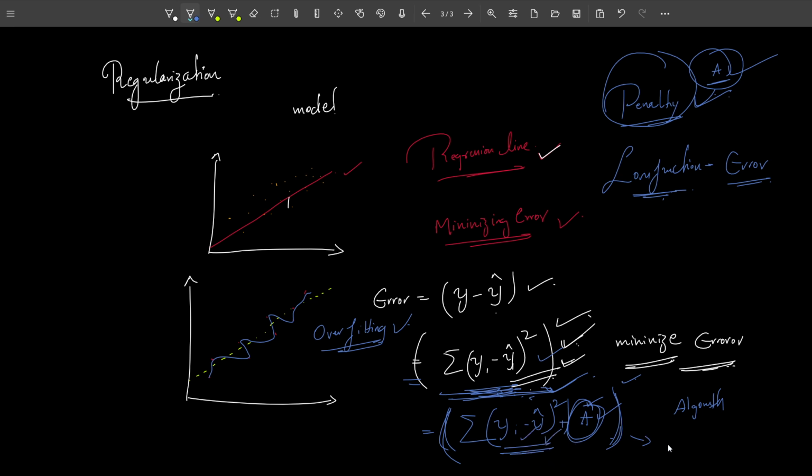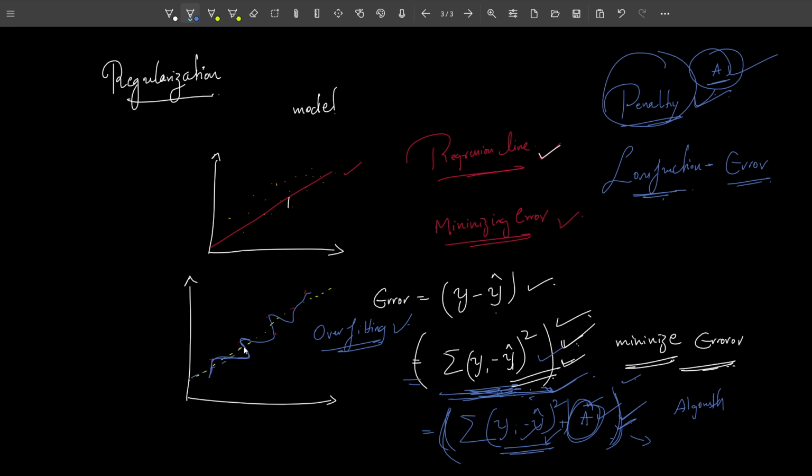So now the algorithm has to minimize something extra with the error. That in turn implies that our model won't be an overfitted model. Since it's not minimizing the exact error, it's minimizing something other than error, there is a little chance of overfitting.